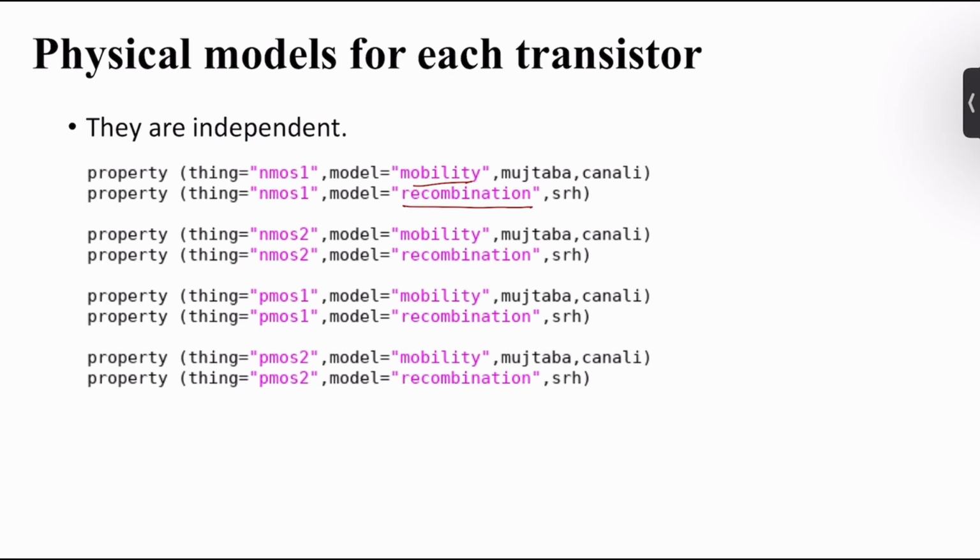And recombination is when an electron pairs with a hole, when electron and hole disappear, that is, they combine. So this is called recombination. This is a simple definition. We call it recombination just when electron and hole recombine. So these properties we will use with our NMOS and PMOS.